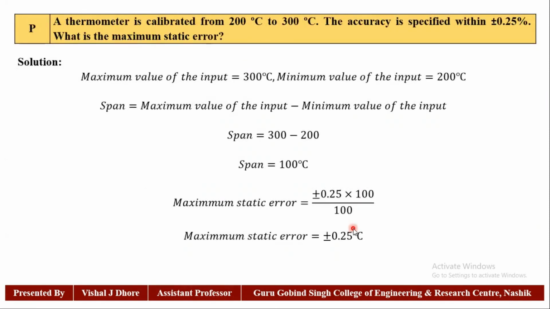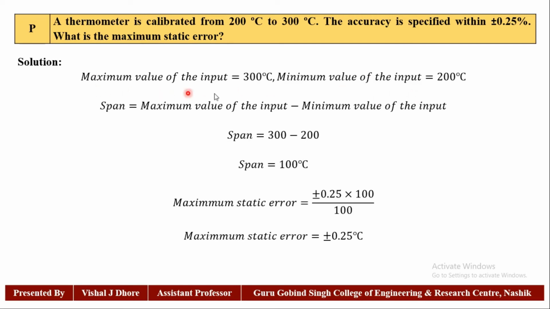Now this is the second numerical. The statement is: a thermometer is calibrated from 200 degrees Celsius to 300 degrees Celsius. The accuracy is specified within plus minus 0.25%. What is the maximum static error? As per the statement, the maximum value of input is 300 degrees Celsius and the minimum value of input is 200 degrees Celsius.